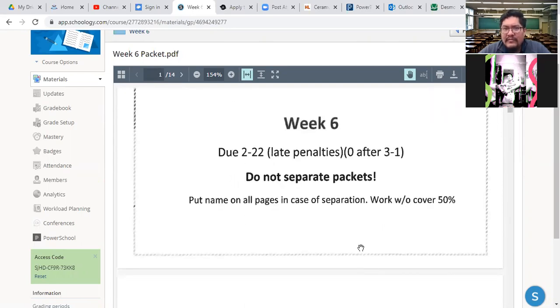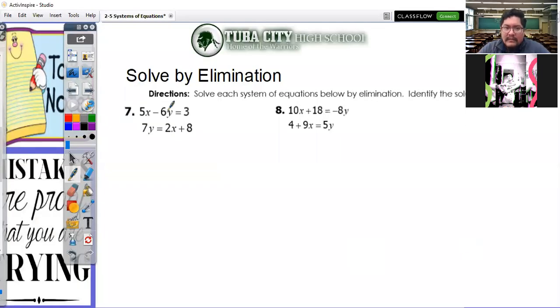You could probably also screenshot what we're working on, or if you have a phone, you can take a picture. That way, when your packet does show up in the mail or however you get it, you can still work on it, right?